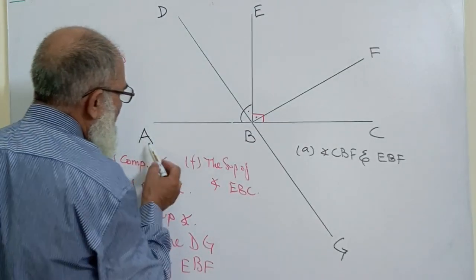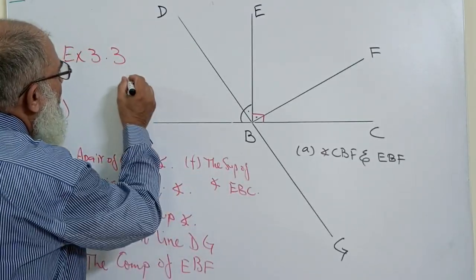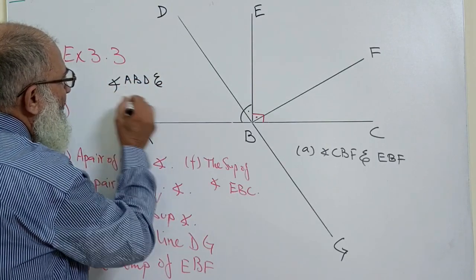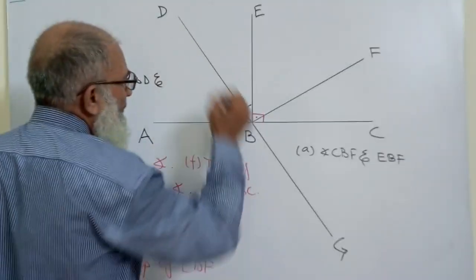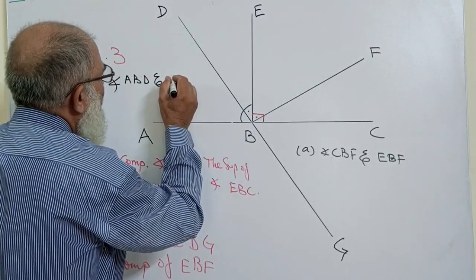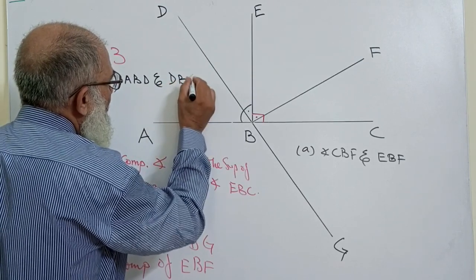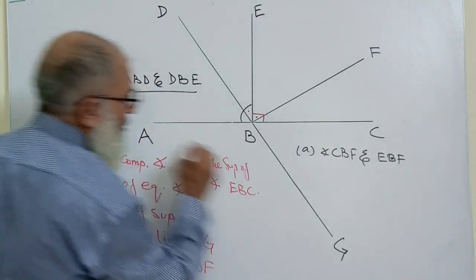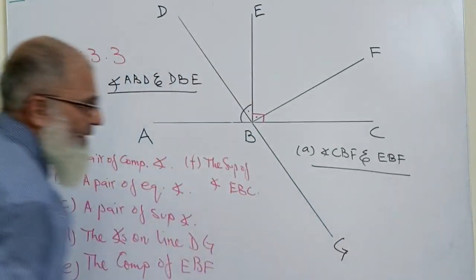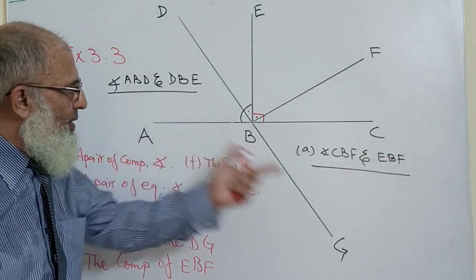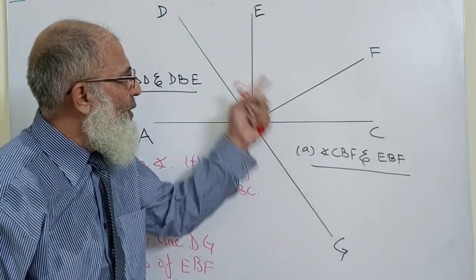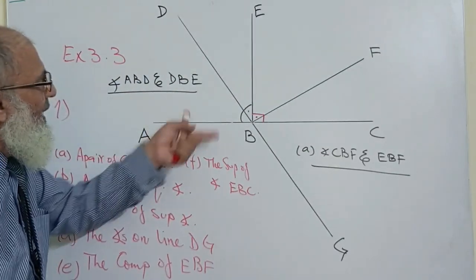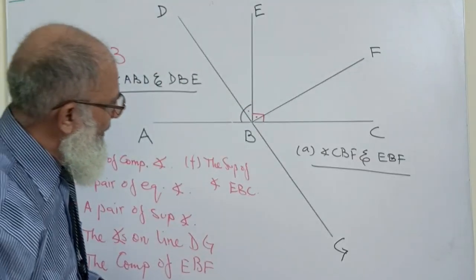So there is another pair: angle ABD and angle DBE are complementary angles. These are complementary angles because when they are added together they give us 90 degrees. And this is again a complementary pair because when these are added together they give us 90 degrees.